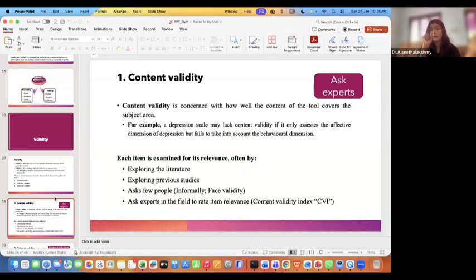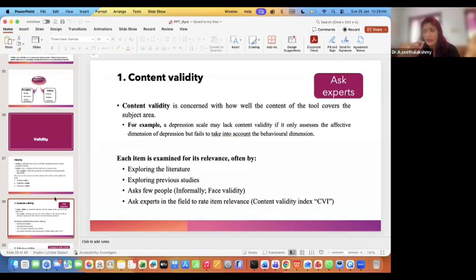You need to note down properly what and all the literature that you have compared. So exploring the literature, previous studies, similar questionnaires, that is one thing. Asking your friends, colleagues informally is the next method, which gives you face validity.